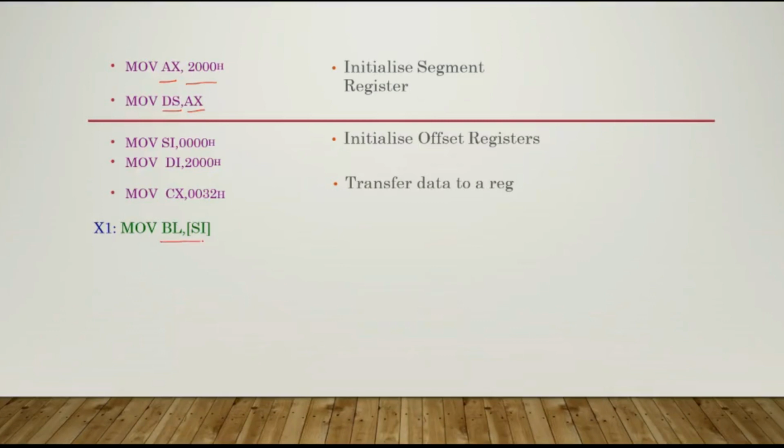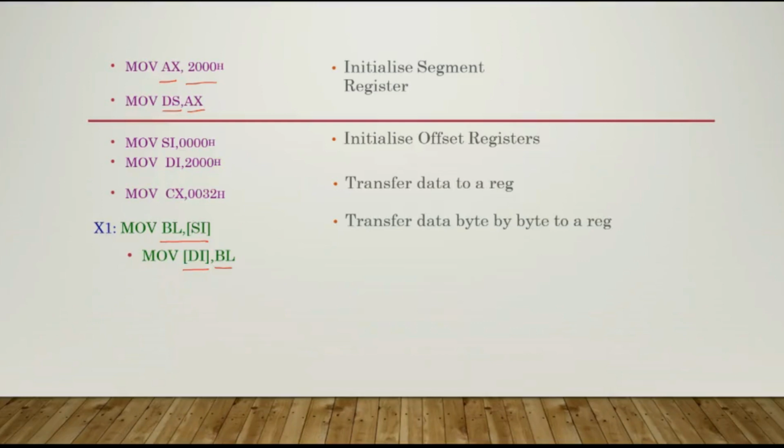What this particular instruction will do, as we have already discussed, is memory to register: the content present at this address location, SI being my source index, will be copied onto the BL register. So this is the transfer of a byte of data to the BL register. Then I am copying that data from this temporary register BL to my destination DI. Move within square brackets DI comma BL.